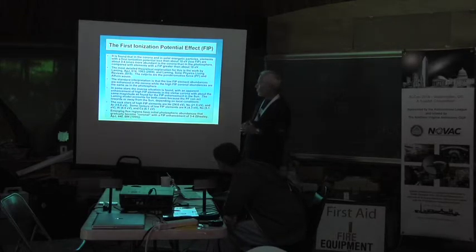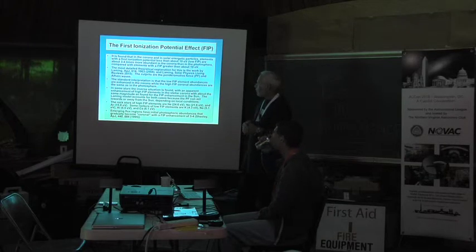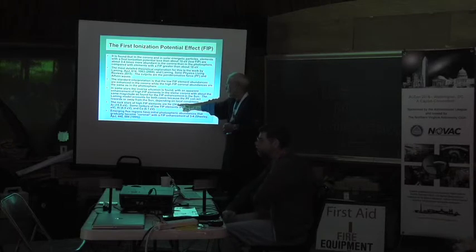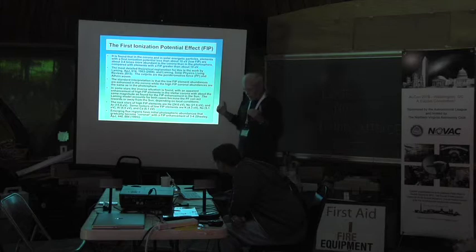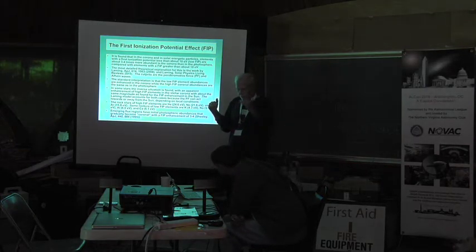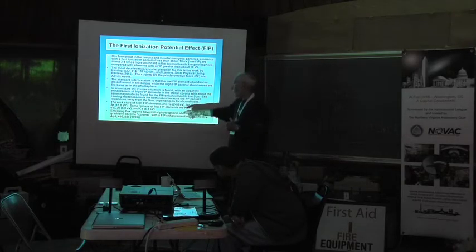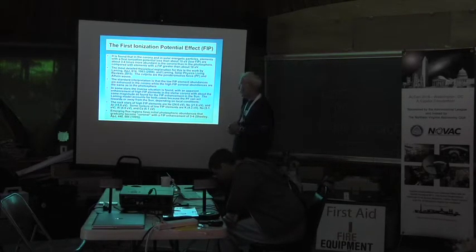Now, in some stars, you find an inverse situation. And Laming's model is nice because it accounts for both cases. He can explain both. So the rock stars of high FIP elements are helium, which is very high FIP, neon, and argon. So these are elements that are the same in the corona, supposedly, as in the photosphere for their abundances. Among the low FIP elements, potassium is the lowest, at 4.3 eV, sodium 5.1, aluminum and calcium 6.1.